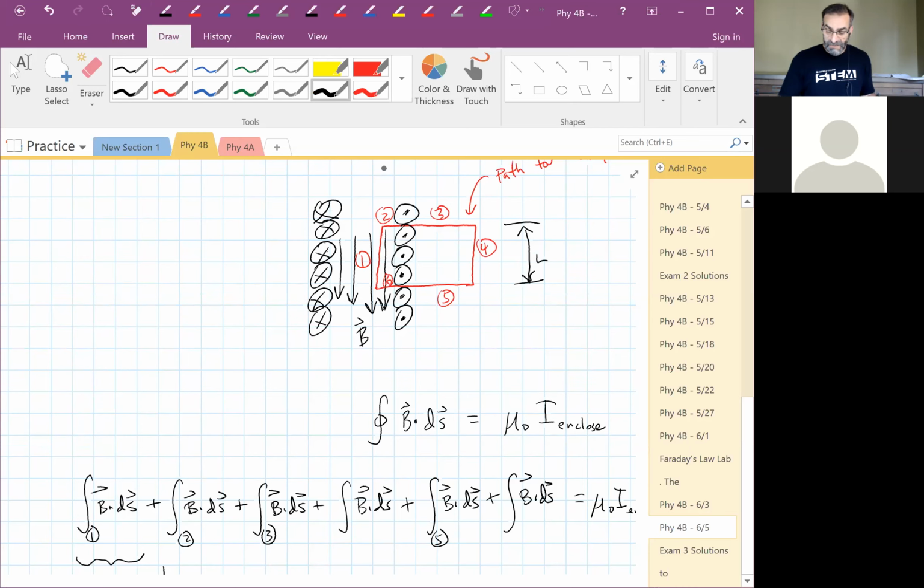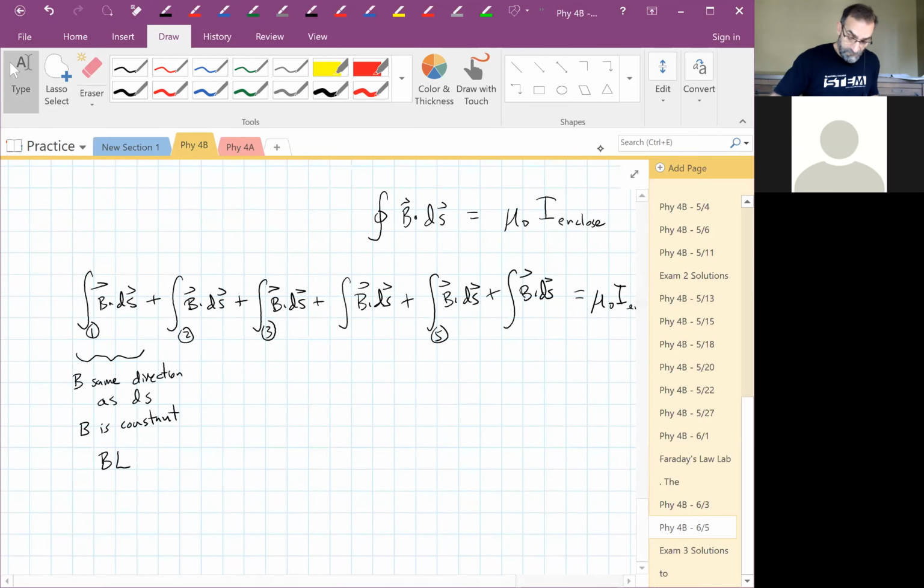We get 0 for that section because B points towards the bottom of the page, ds points to the left, so the dot product gives us 0 there.